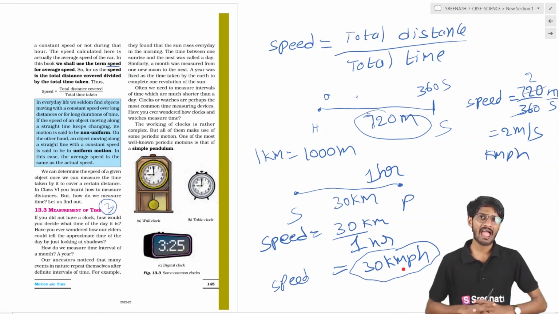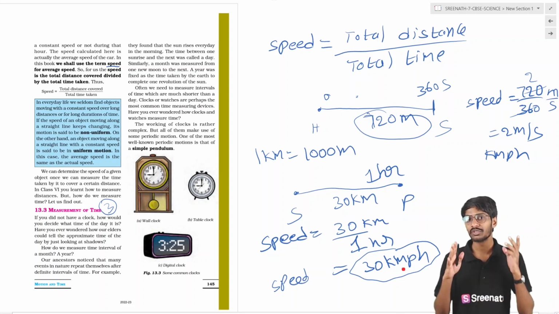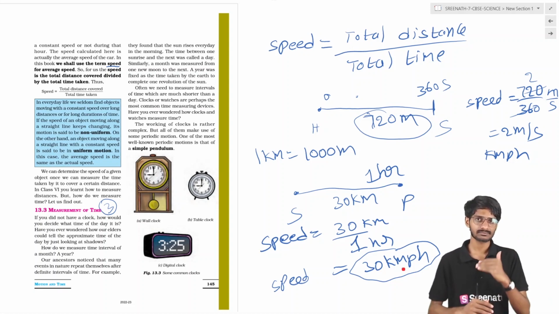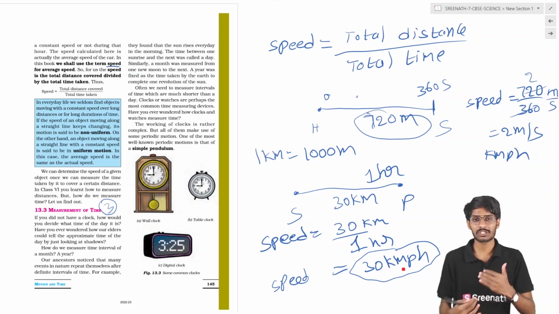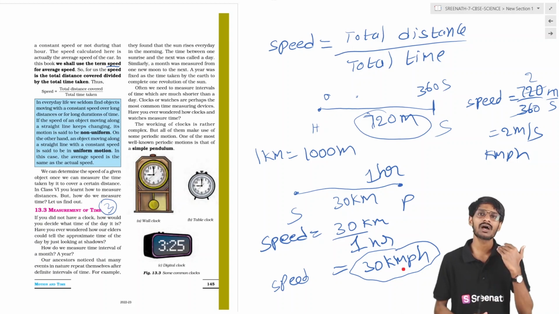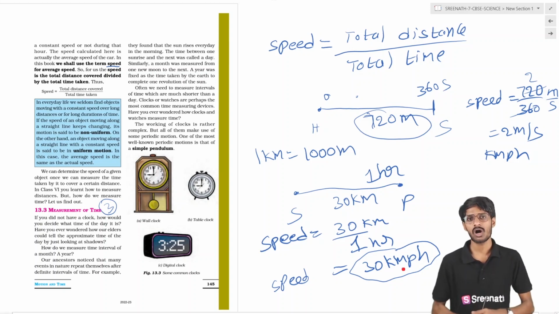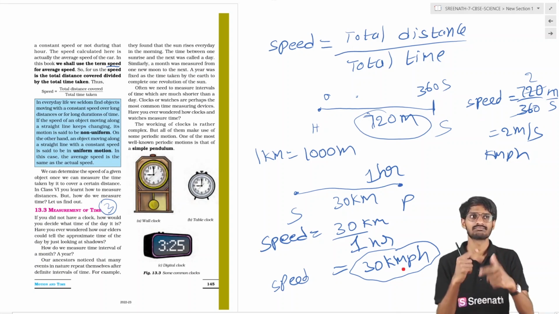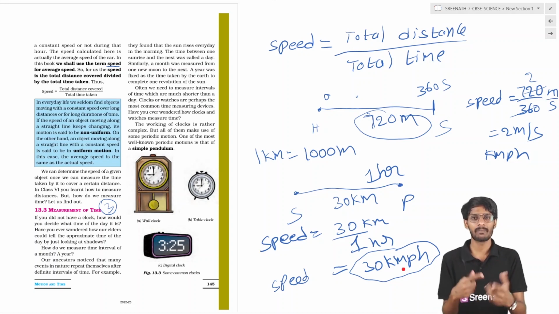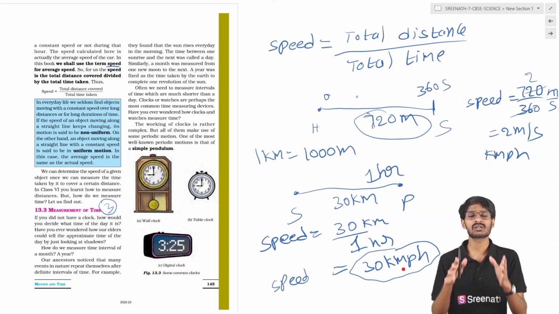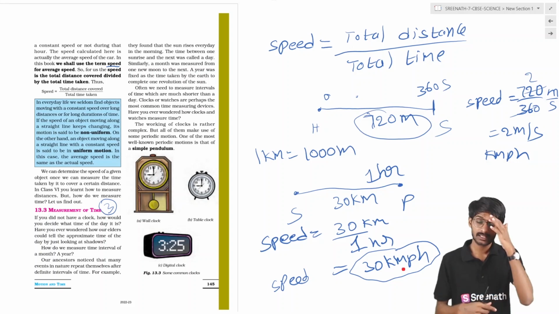One more thing I have to tell you is you can find out your own speed also. Suppose you are moving from one place to another by walking, you can find out your speed also. Or you and your friend have a bet about who will reach a distance first.